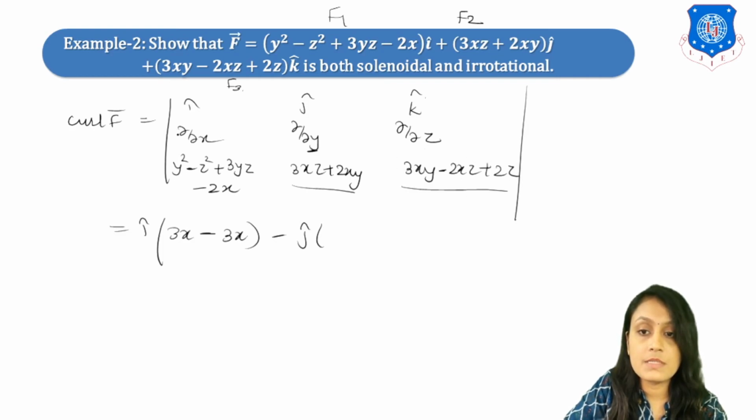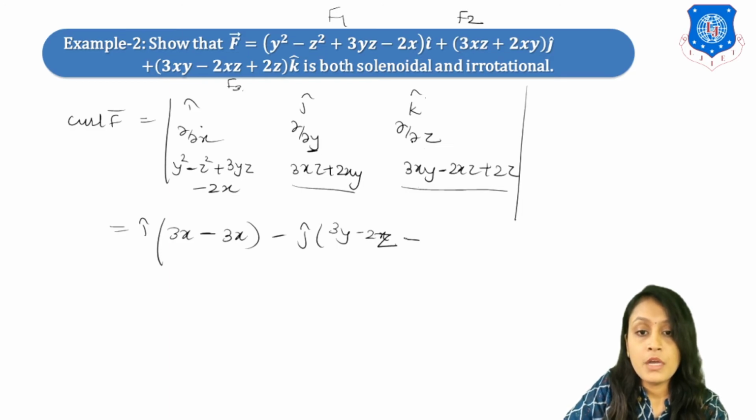Now we will find the derivative of this term with respect to x, because we have to multiply this term and this term. With respect to x derivative, from here you will get 3y, and from here you will get minus 2z. We are finding the derivative with respect to x, minus, now cross multiply this.